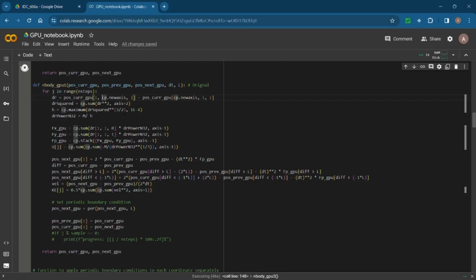Each column of this array belongs to a particular particle, right? For example, the second column will store the drs of the second particle from each other particle. So second column, row 1 will store the distance between particles 2 and 1.